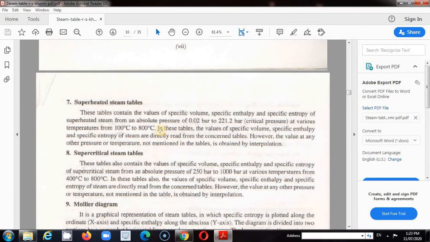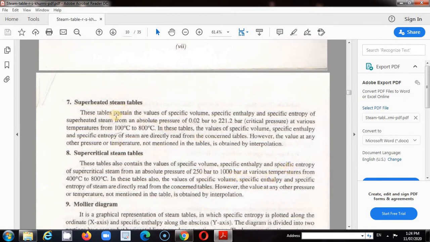Also, students, the next important thing is the supercritical steam table. These tables also contain the values of specific volume, specific enthalpy and specific entropy of supercritical steam for absolute pressure in the range of 250 bar to 1000 bar at various temperatures.